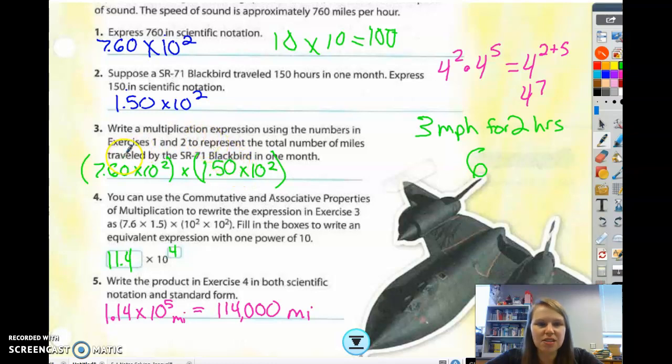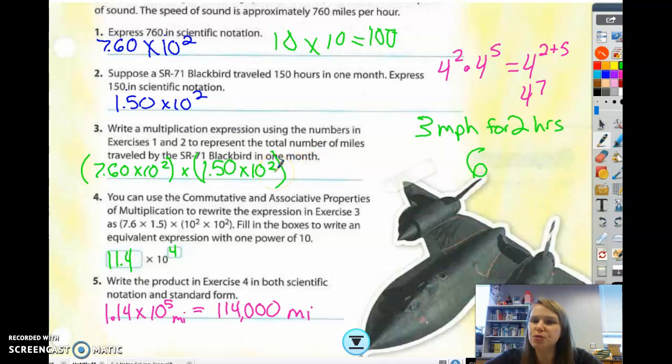If this is our miles per hour, and this is the number of hours, miles per hour times hours should give us miles. That's how I decided we were going to multiply. Plus it says write a multiplication expression, so we're taking those 2 numbers and multiplying them together.